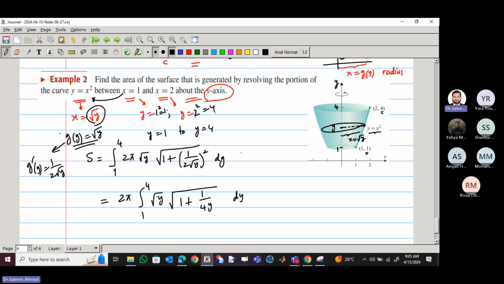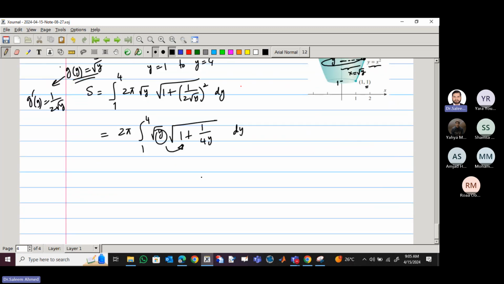So see here, these both are in square root, so I can bring this y inside, right? If you have multiplication of a into b, I can write it in one root. I can multiply a with b. So the same thing I am doing, I am multiplying y inside. We are not integrating yet.